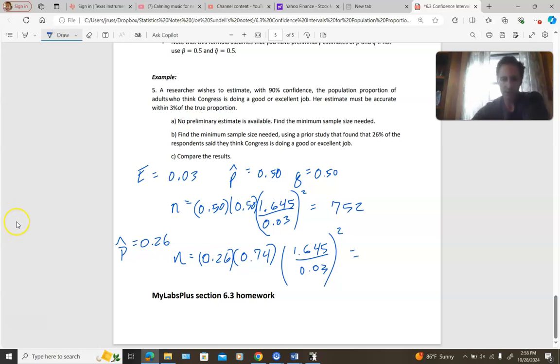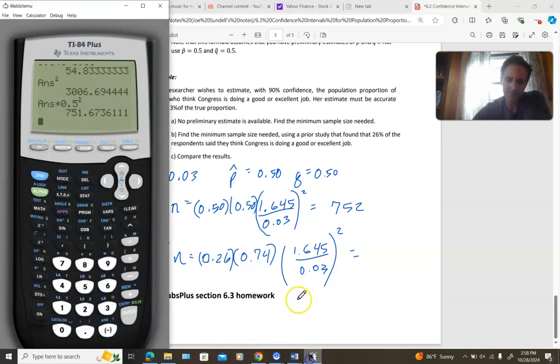Again, we'll just type this into the calculator. Alright, so 1.645, divide this by that maximum margin of error that we want. We're going to square that. Then we're going to multiply that by those 2 point estimates, p hat times q hat.